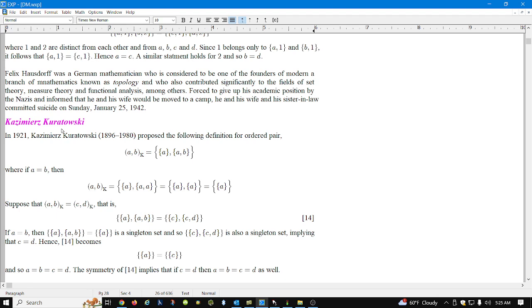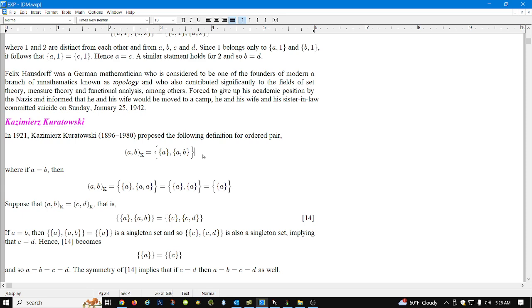Our next candidate comes from Kazimierz Kuratowski in 1921. And his proposal looks like this. It's nice and clean. I might almost say elegant.